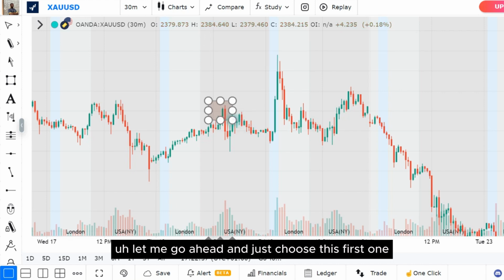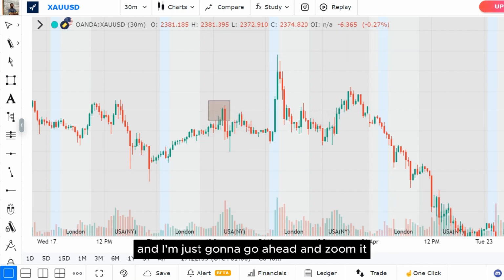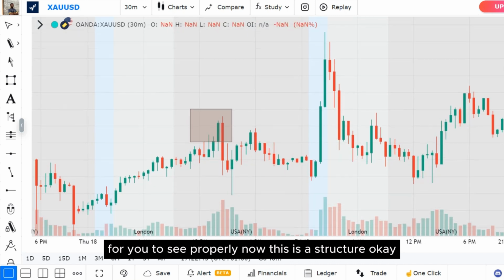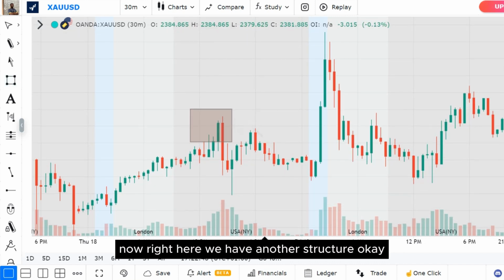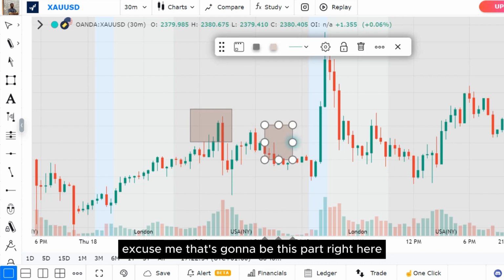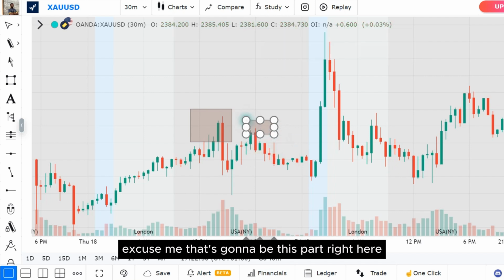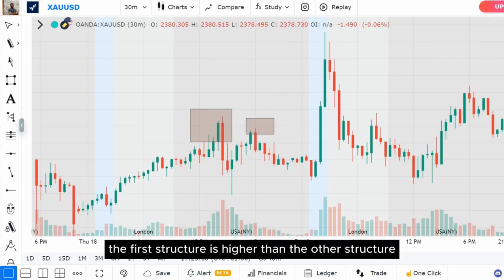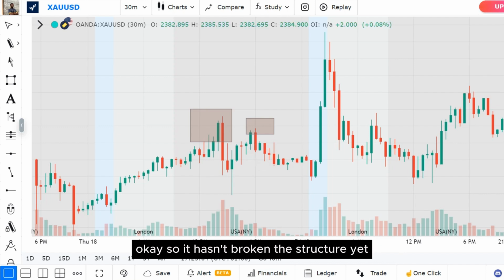Let me go ahead and just choose this first one. And I'm just going to go ahead and zoom it for you to see properly. Now, this is the structure, okay? Now, right here, we have another structure, okay? We have another structure right here. Excuse me. That's going to be this point right here. That's another structure, okay? Now, if you see, basically, the first structure is higher than the other structure, okay? So it hasn't broken the structure yet.